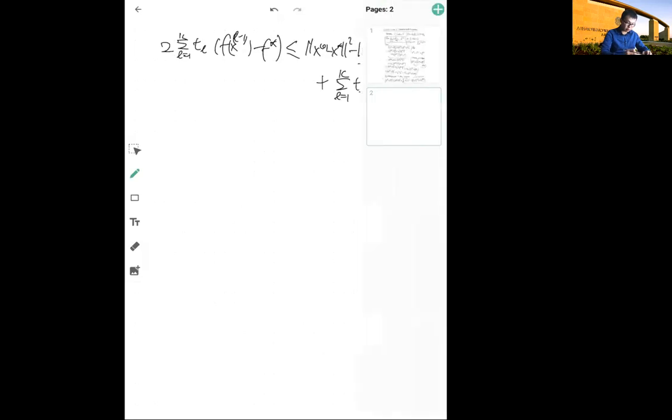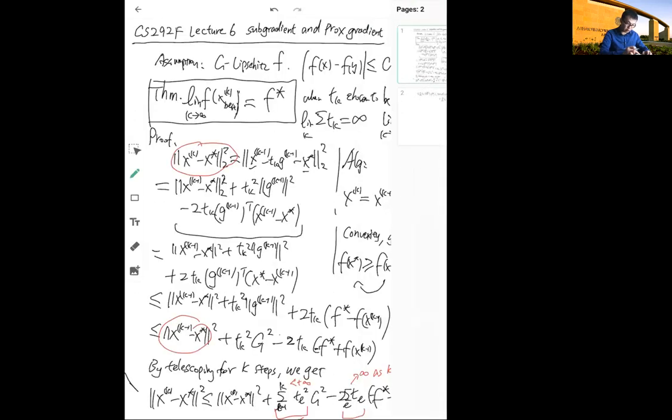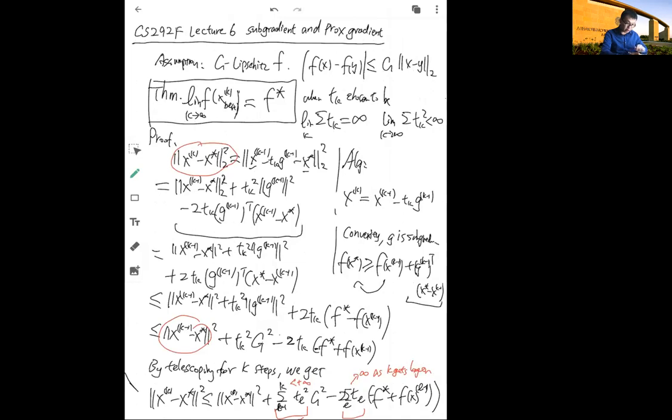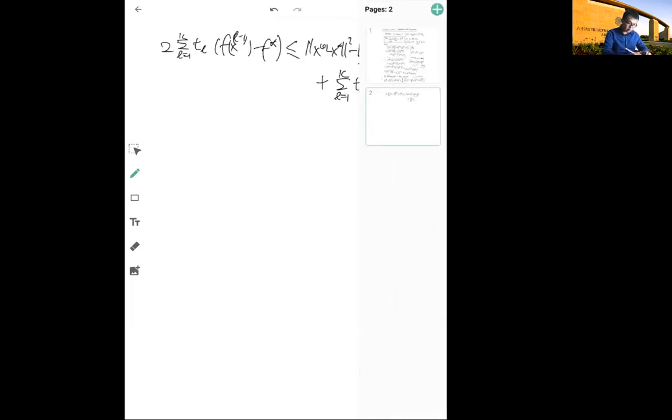So let's see what else we have. And g square. Okay, so let's start from the left-hand side of this inequality and lower bound this.